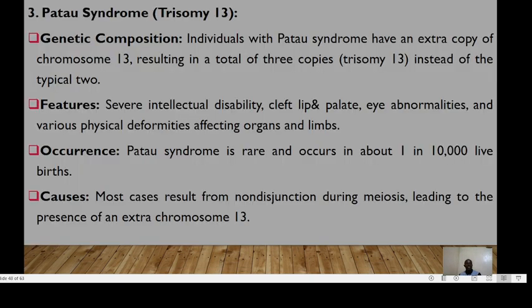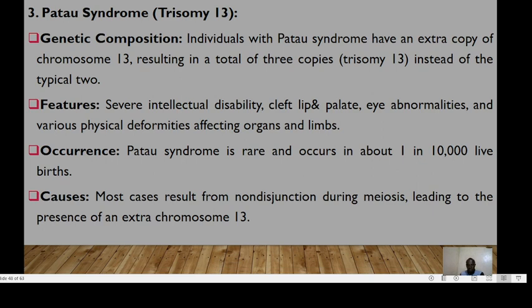The third one is Patau syndrome, and this is trisomy 13. Individuals with Patau syndrome have an extra copy of chromosome 13, resulting in a total of 3 copies instead of 2. Patients will present with severe intellectual disability, cleft lip and palate, eye abnormalities, and various physical deformities affecting organs or limbs.